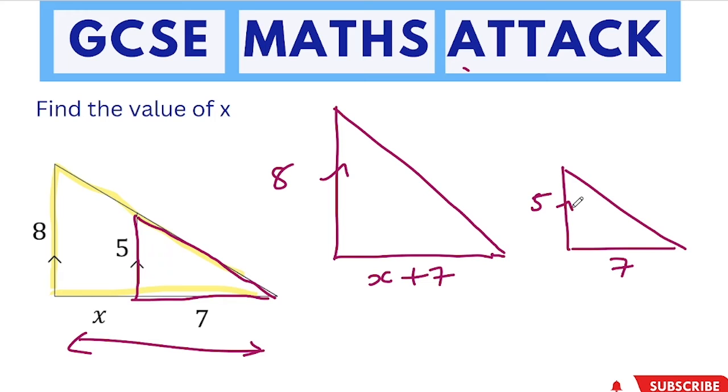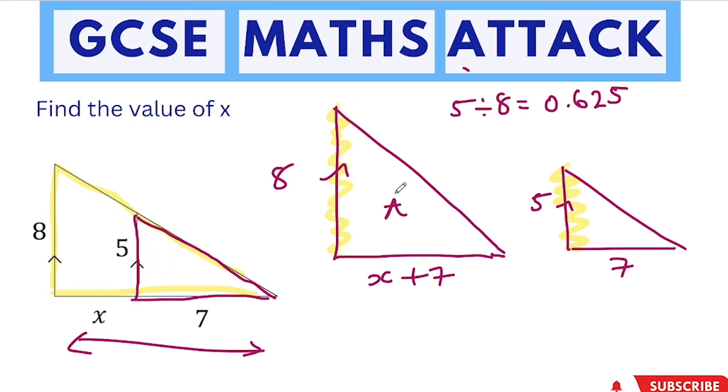The first thing I'm going to do is work out the corresponding lengths that are given. So I'm being given 8 centimeters and I'm given 5 centimeters. So the first thing I'm going to do is work out the scale factor. I'm going to do 5 divided by 8. So if I do 5 divided by 8, I get 0.625.